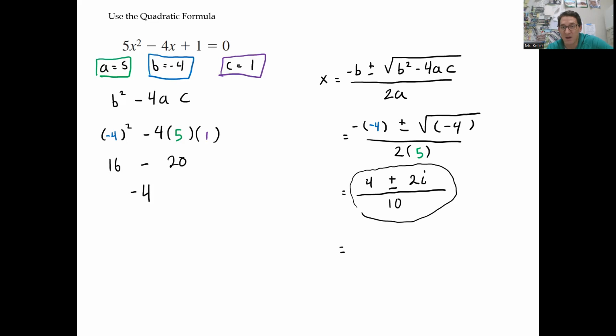So I can divide all three terms by 2. So it's going to be 2 plus or minus 2i divided by 2 is just i. And then 10 divided by 2 is 5. So here is the most simplified form. But if you get all mixed up simplifying, this is a good one too. And that will do it for this lesson. See you guys next time with more practice of complex solutions.